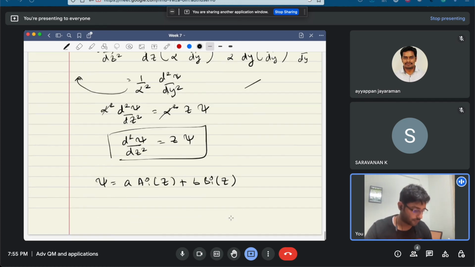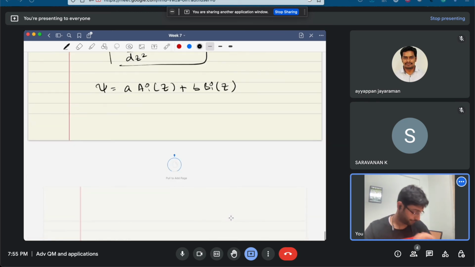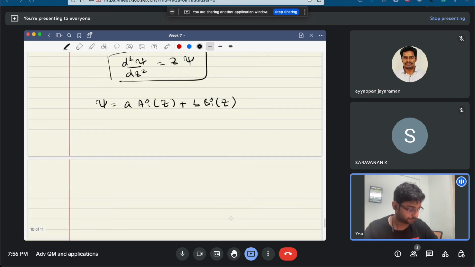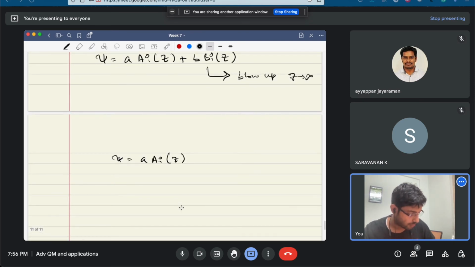From the definition of the function, this term blows up at large z when z tends to infinity, so it cannot be present, and hence based on this condition you only get a Ai(z).